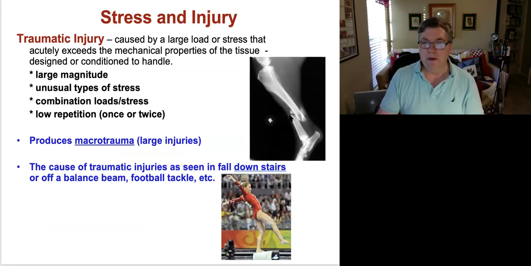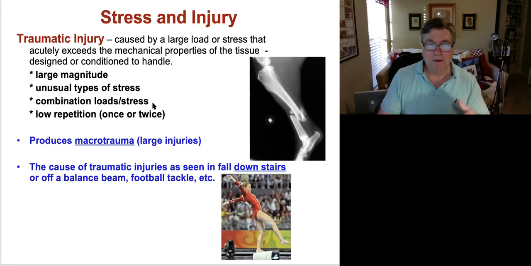They could be, let's say, skiing, and they fall over the boot, and you get this compound fracture that's caused by a combination of shear and bending and compression. So it produces what we call macro trauma: very large magnitude, unusual types of stress, and that usually means shear type of stress, combination loads, and then it's really low repetition, once or twice.